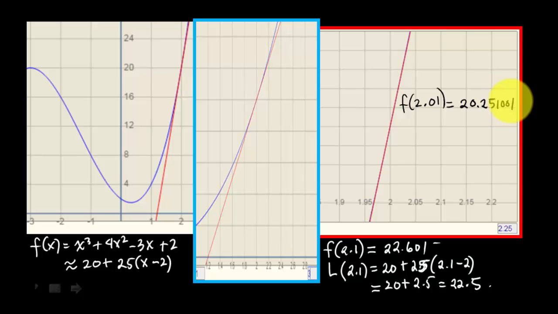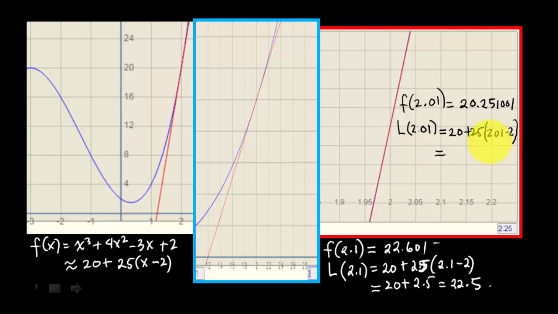Just use your calculator. Look, what is L of 2.01? That's just plugging into the line right here. So that's equal to, it's easy, that's why I'm plugging it in here, because it's easy to see that that's just 20 plus 25. Okay, now it's 2.01 minus 2, isn't it?